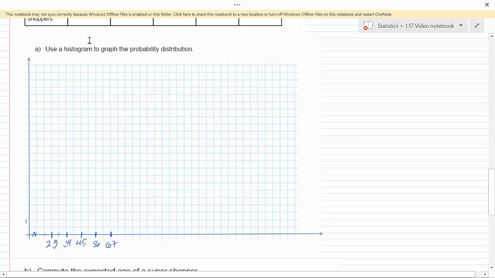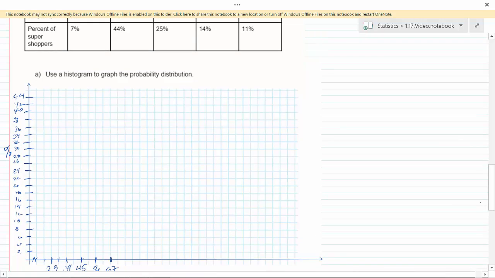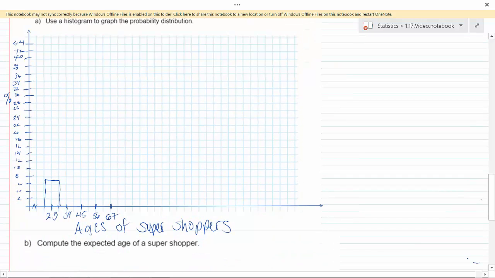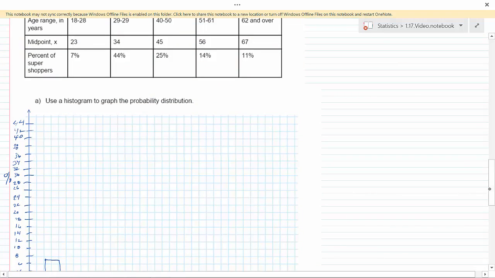So it looks like I can do my vertical scale by 2%. I'm going to label both of my axes, so that's the percent, and these are the ages of super shoppers. I'm going to do 23 up to 7%. 34 is the big one, up to 44%.